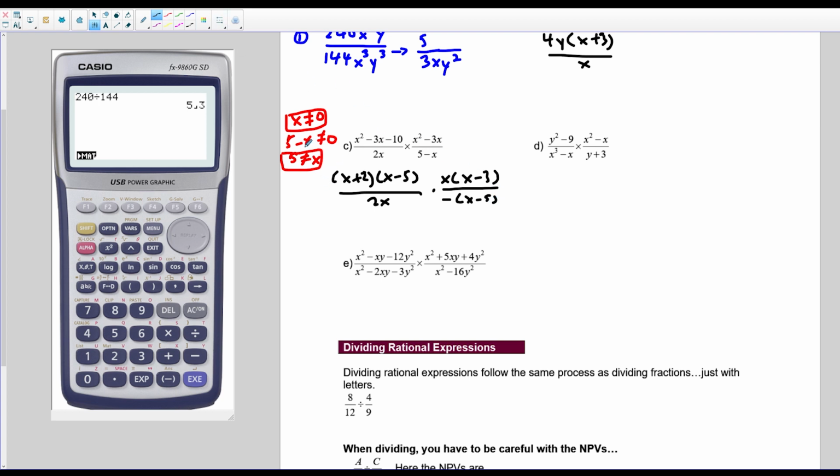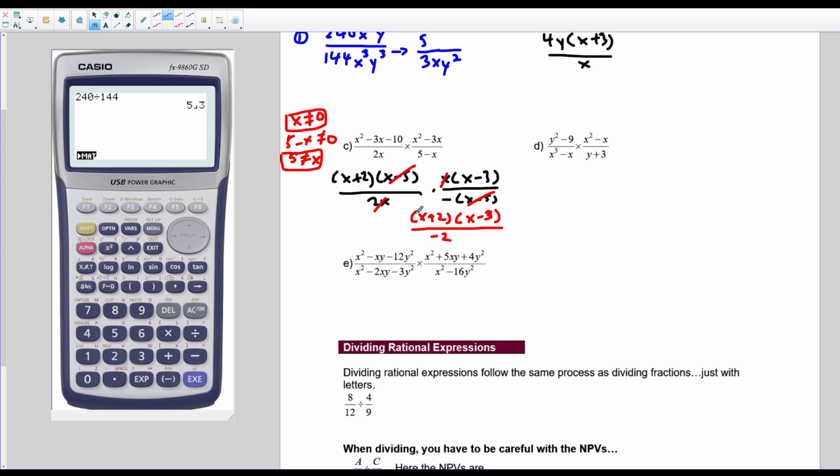And we can get rid of some of these common factors. I can see here that I've got an x on top and an x on the bottom. I can get rid of my x minus 5, and we are left with x plus 2, times x minus 3. And then on the bottom, I have a negative 2. And that's it, just a negative 2 on the bottom.